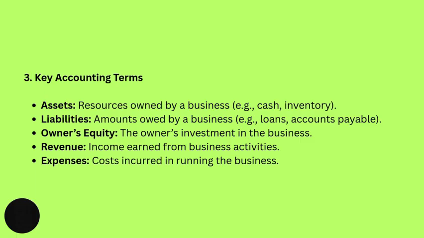Understanding these terms is fundamental as they lay the groundwork for more complex accounting concepts we'll explore next. Now let's look at how we record these financial elements in the accounting books and records.